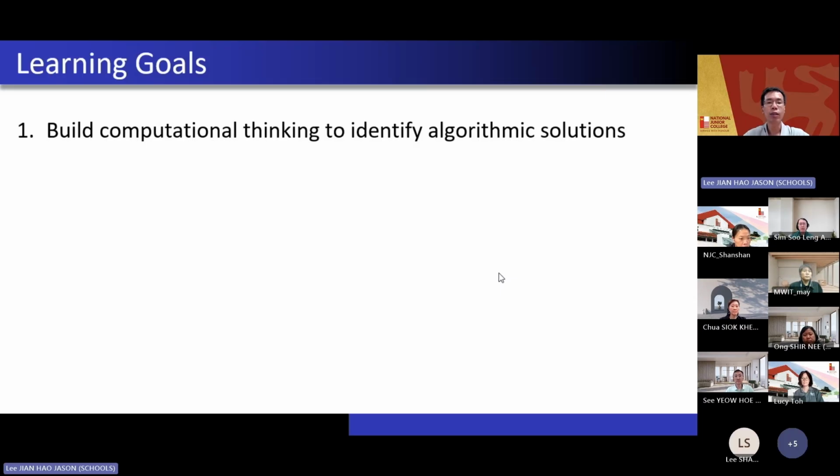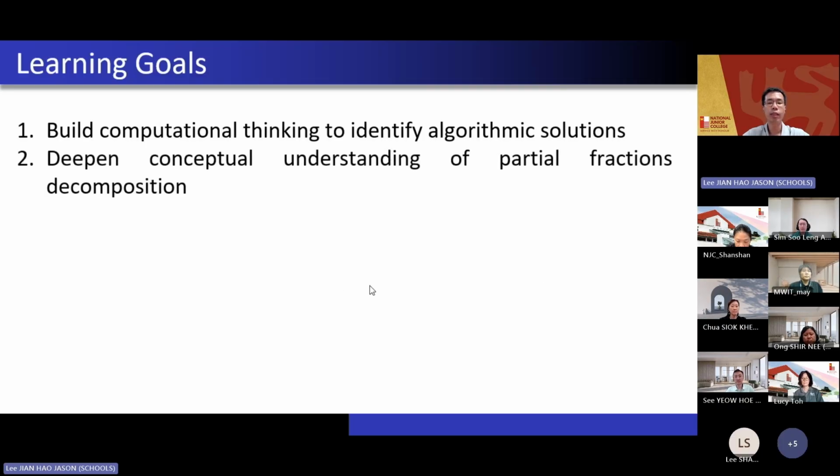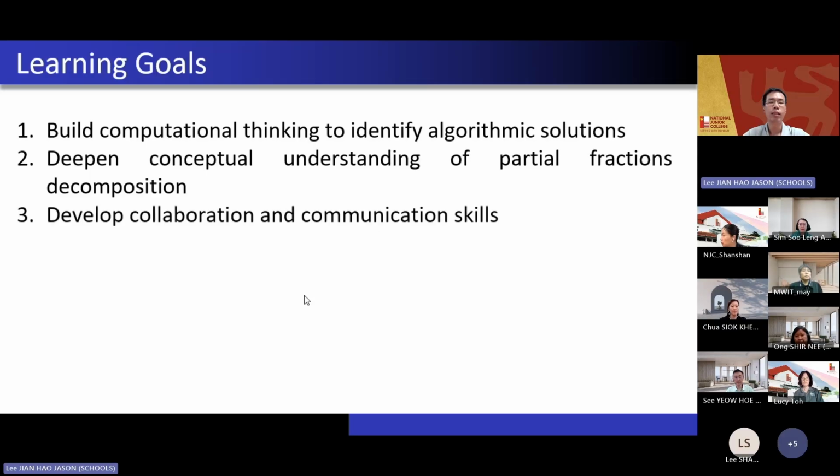But in order for them to do this, they first need to be familiar with the process of how to decompose algebraic fractions into partial fractions. So such an activity will also help to deepen their conceptual understanding of the process. And lastly, as I conducted this activity in a group setting, the students will also need to tap on their collaboration and communication skills.